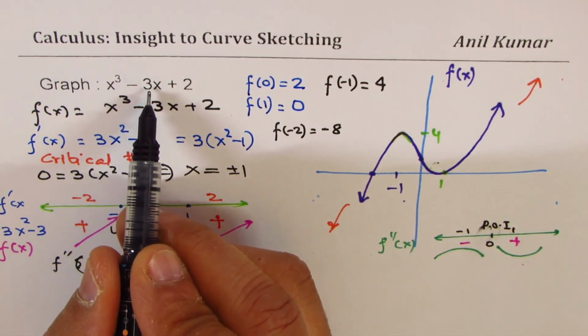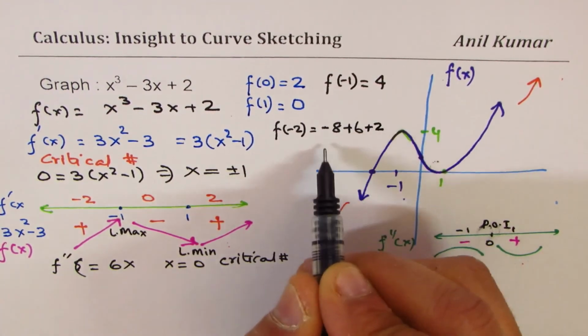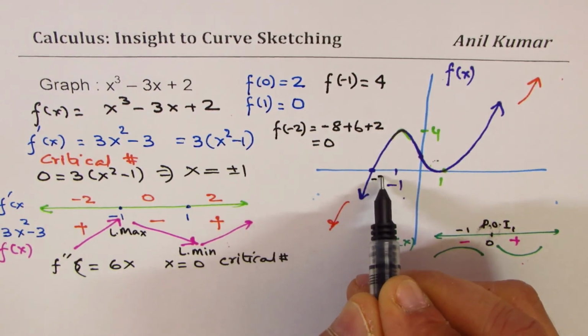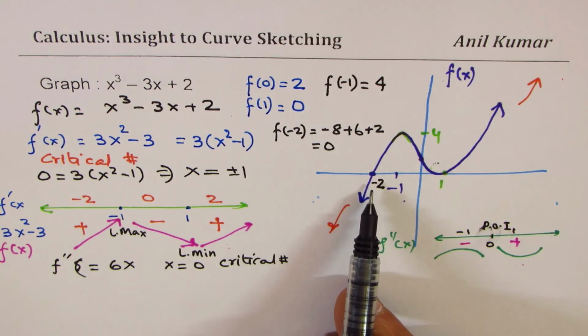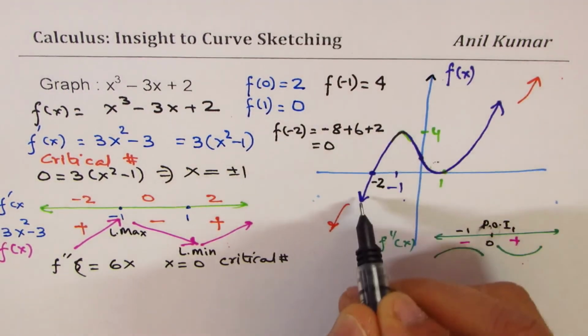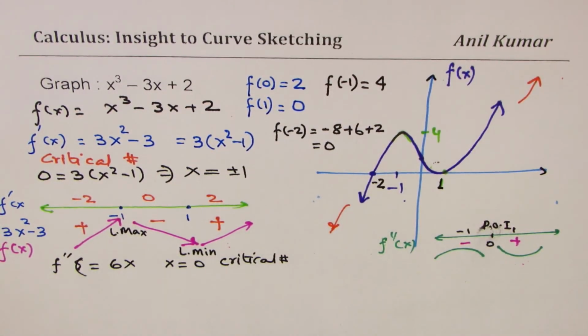Minus 2 times 3 will give us plus 6. And we have plus 2. So that is indeed equal to 0. So we get this point at minus 2. While working out some additional points, we get our x-intercept also. So that's a bonus, right? So let's keep that and continue. So we get our graph fairly accurate as shown here.